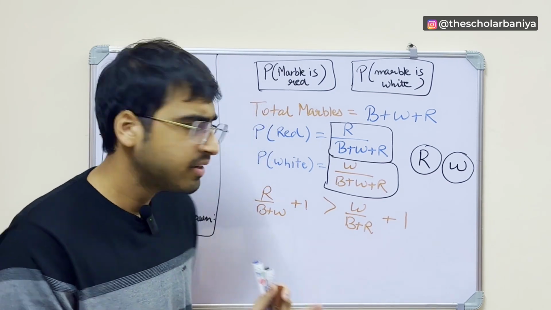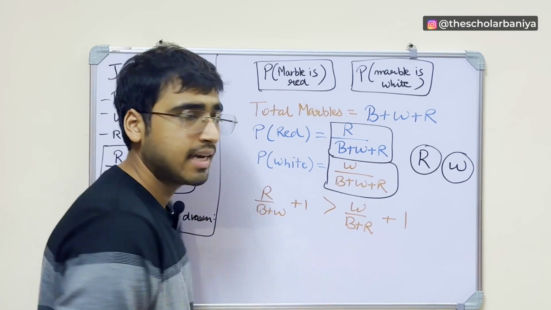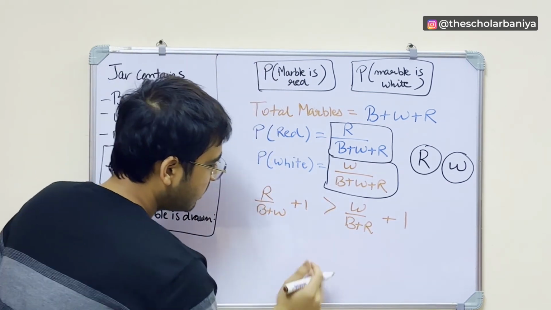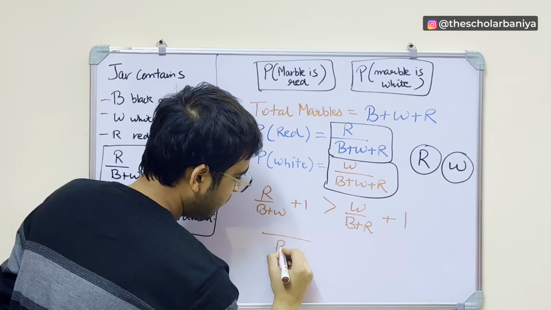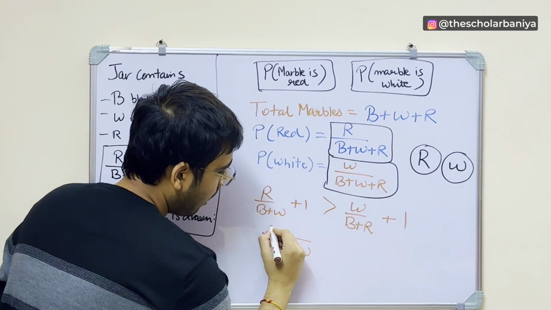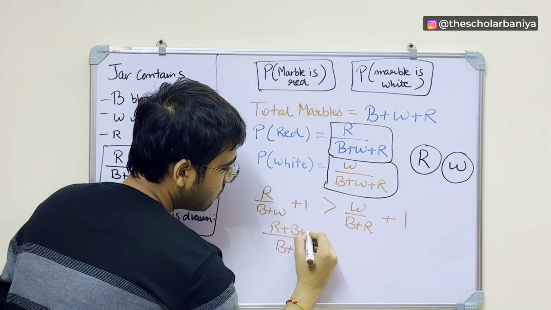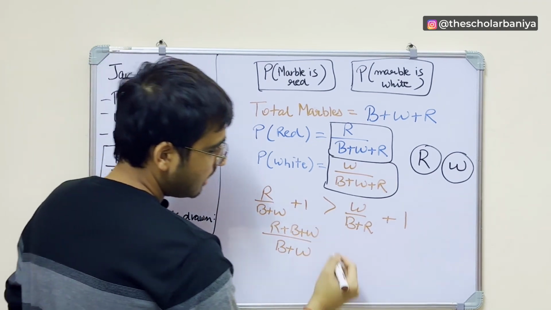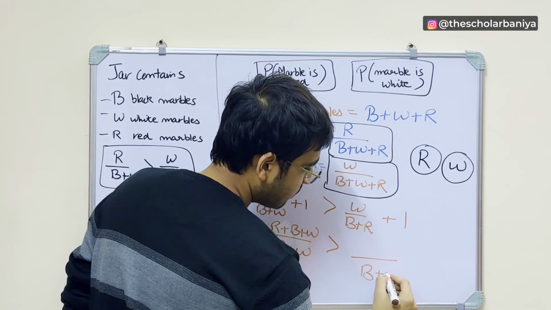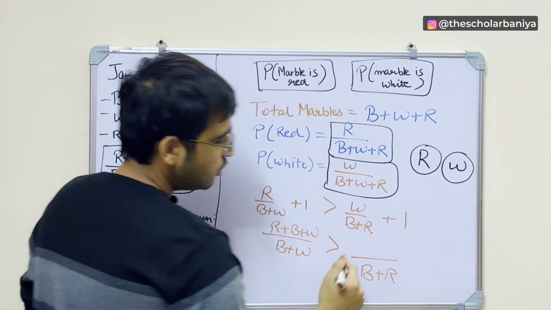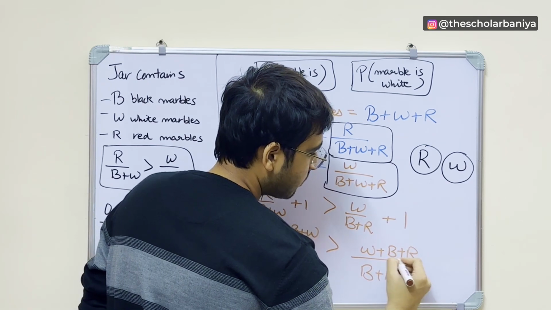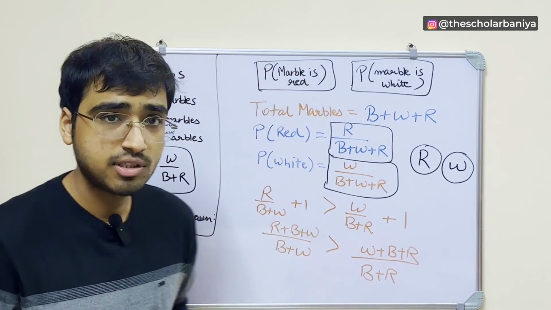It doesn't make any difference. Now, if you take the denominator B plus W, what will you get above? You will get R plus B plus W, right? Is greater than. If you take the denominator over here, B plus R, what will you get over here? You will get W plus B plus R. I hope this makes pretty good sense.